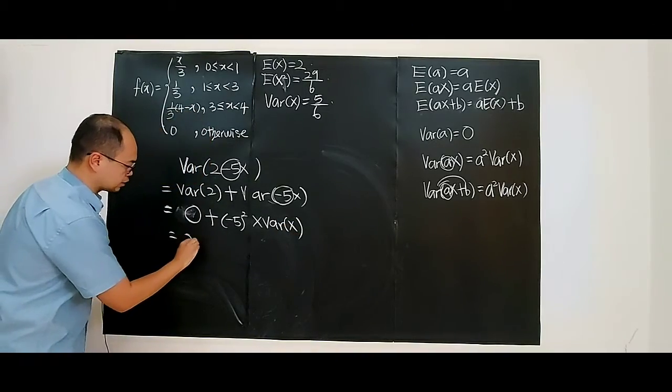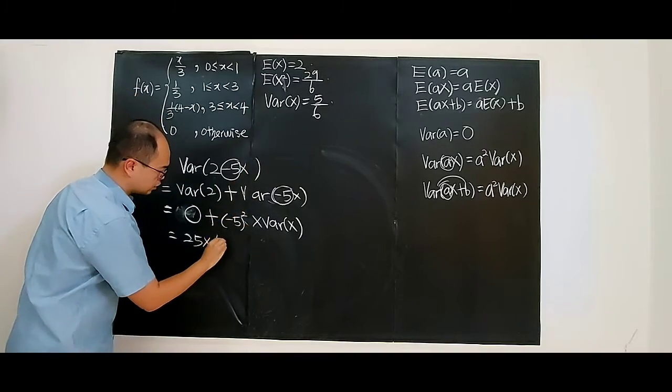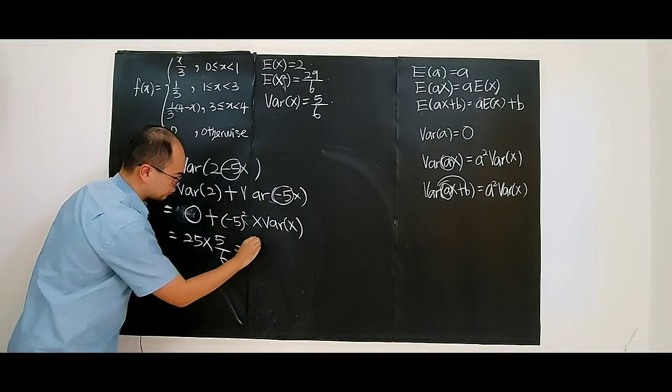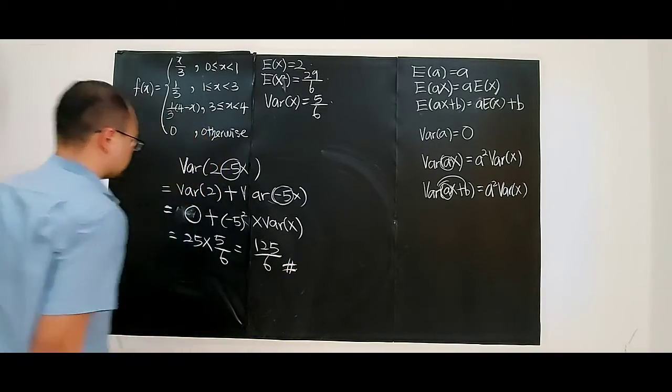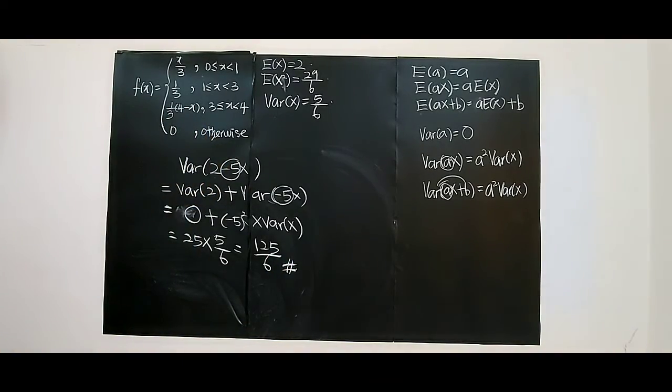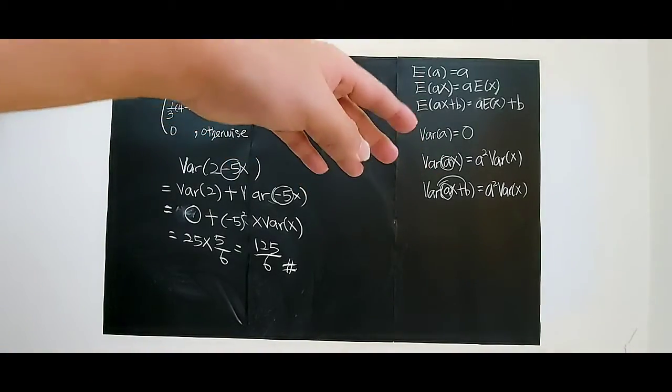At last you just take the value 25 multiplied with the variance of x that you found just now, which is 5 over 6, which gives 125 divided by 6. Very simple.